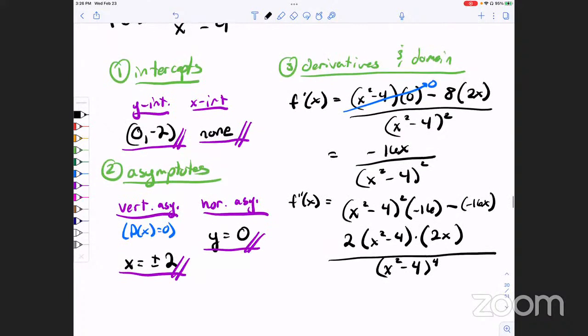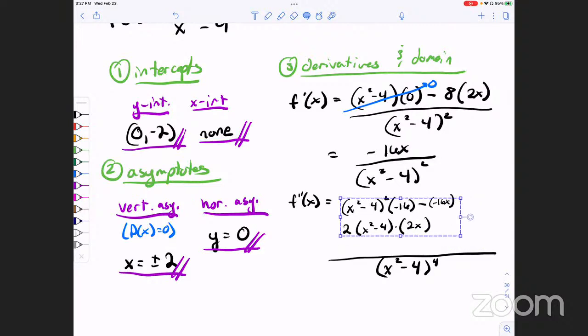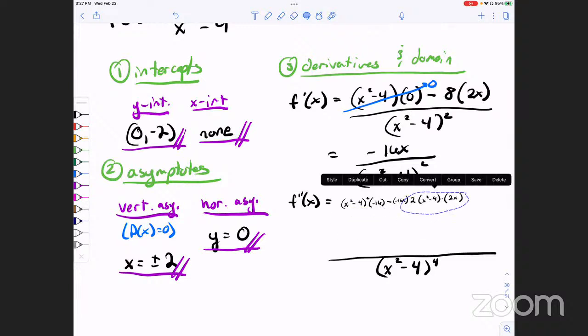I'm going to just shrink this down. Top minus the top times, so that is the multiplication.